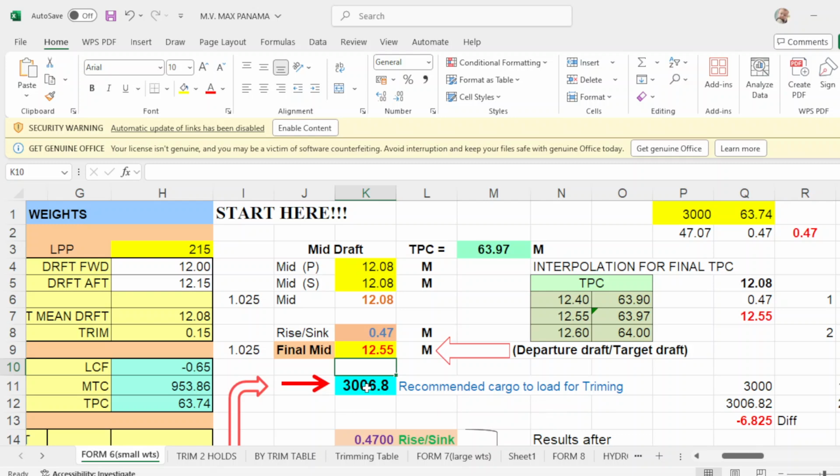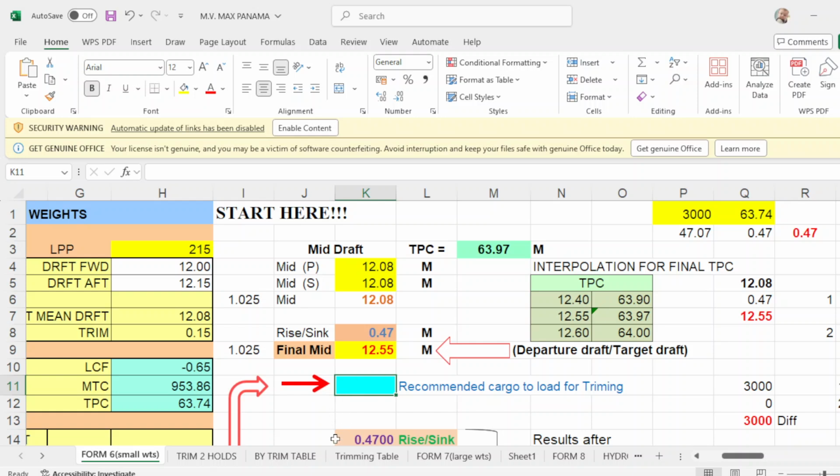You click the cell and you will see the formula is K8, that is the sinkage, multiplied by M3, that is your TPC, times 100. The result will be 3,006.8. We will delete this one so you will see how it is done.